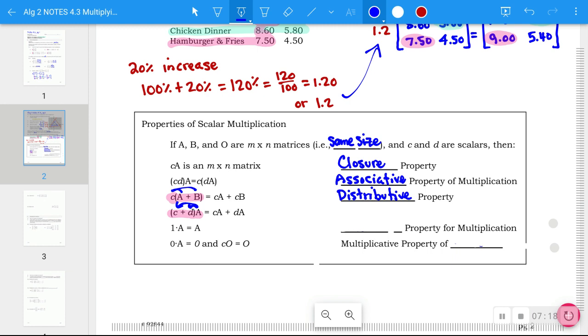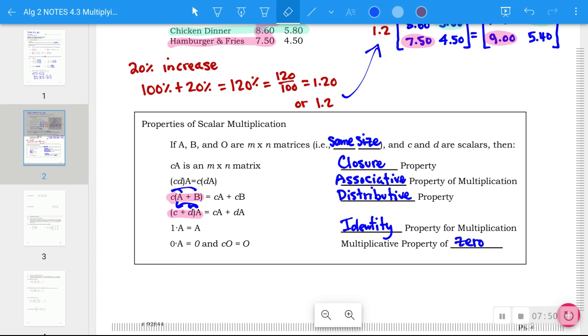Okay, the last two properties are ones you're familiar with. If you multiply by a scalar of 1, you'll get your matrix right back. That's called the identity property. And finally, if you multiply a scalar 0 times A, you'll get a matrix filled with zeros, or if you take a scalar times a matrix that's full of zeros, you get another matrix full of zeros.